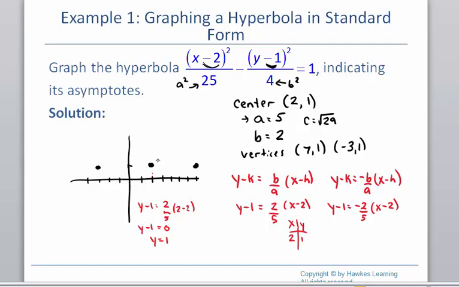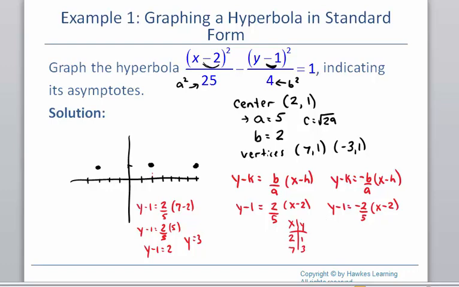Okay, and then I'm going to come up with one other point that we can use to connect. Why don't we use 7? I'm going to plug a 7 in for the x. So 7 minus 2 is 5, which is going to make those 5's cancel. So we have y minus 1 is equal to 2, or y is equal to 3.